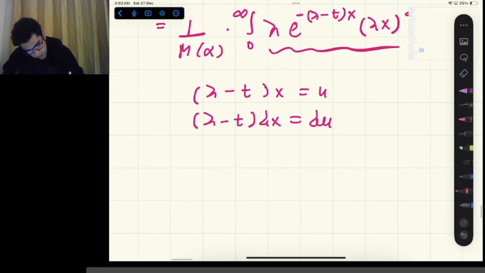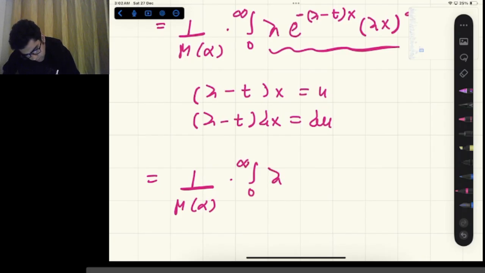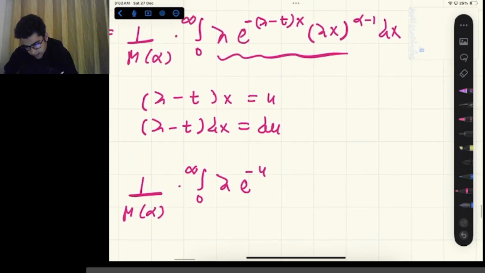So this gives me 1 upon gamma alpha, integral 0 to infinity, lambda e to the power minus u. Now I have lambda x to the power alpha minus 1 dx.